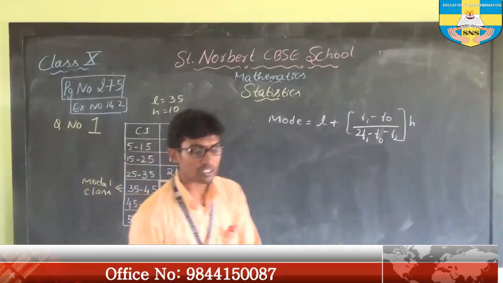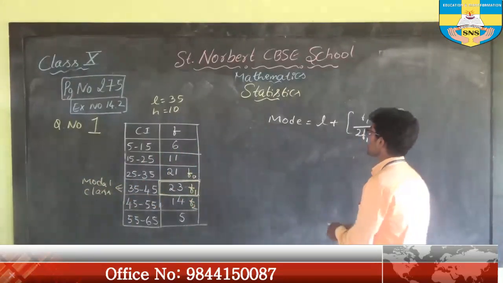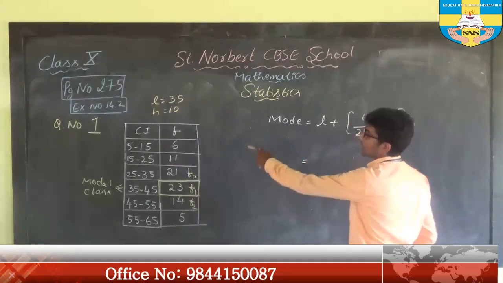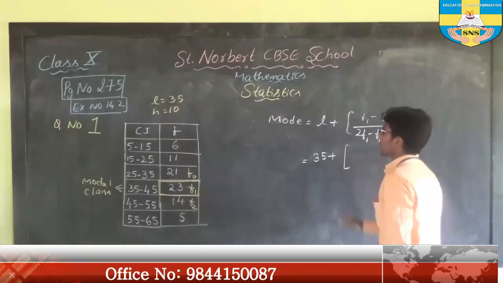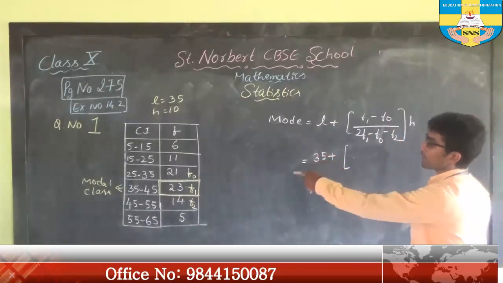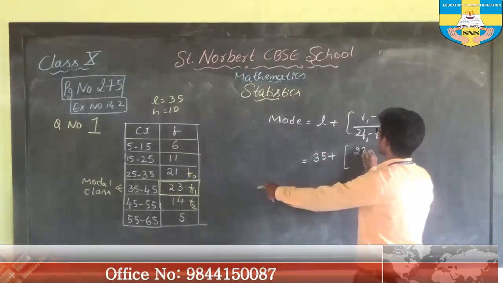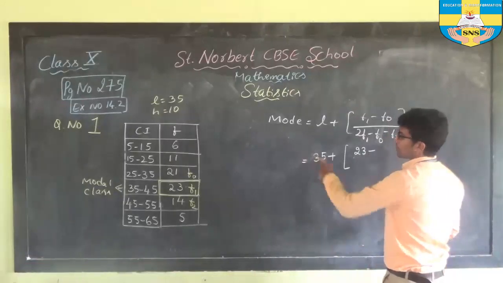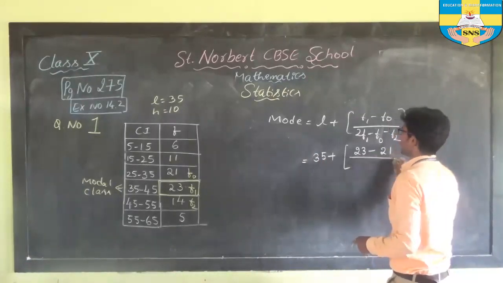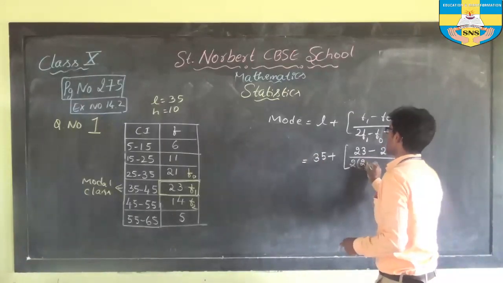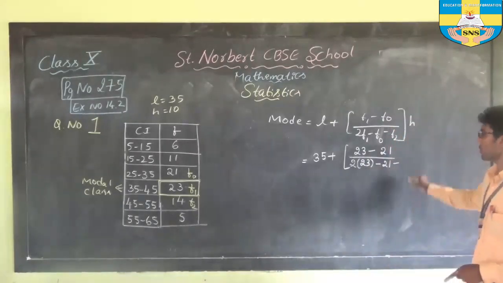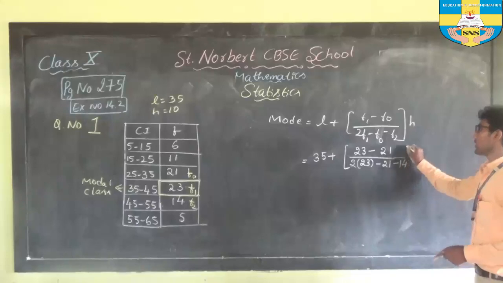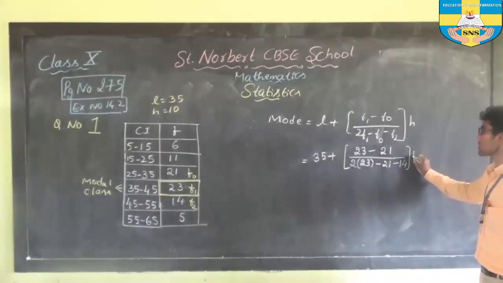Now when you substitute this in the formula, L is 35 plus F1, which is 23, minus 21, over 2 into 23 minus 21 minus 14, into H. H is 10.